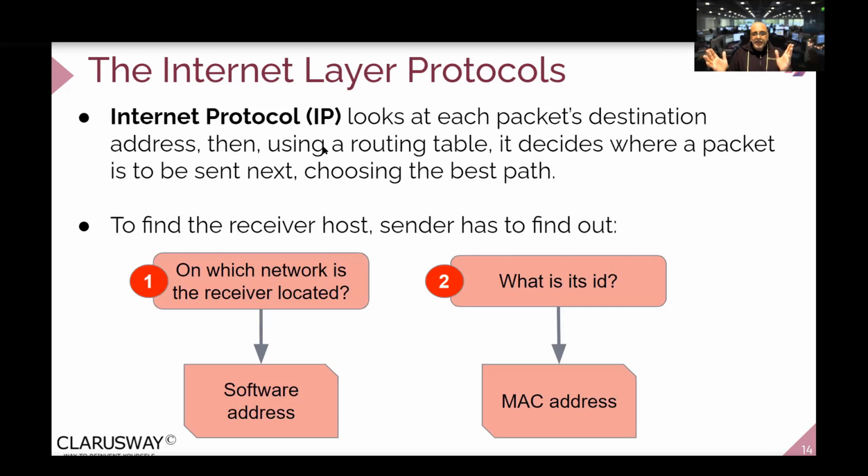It does this by using route tables, and each route table exists in a different hop or router, and that router is only concerned with the next hop. By using just the next hop, it's able to find the optimal path. So this is the main protocol, creating these headers, source and destination IP, going to the next hop, and the next one, and so on and so forth.